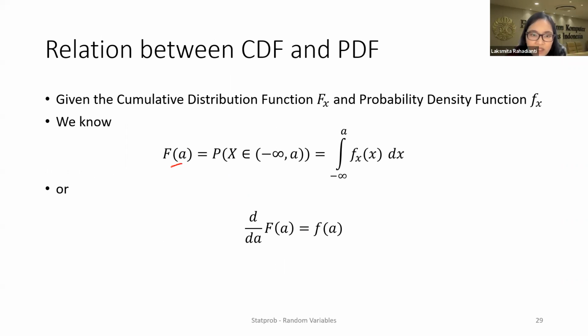The cumulative distribution function is the probability of the random variable being up until A. So there's no left-hand limit, right? The left-hand limit is negative infinity. So I can compute my CDF by integrating my PDF with the limits of negative infinity to A.